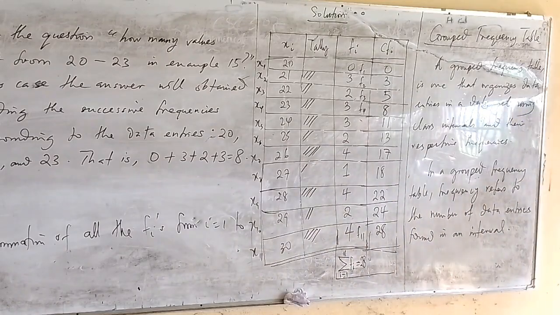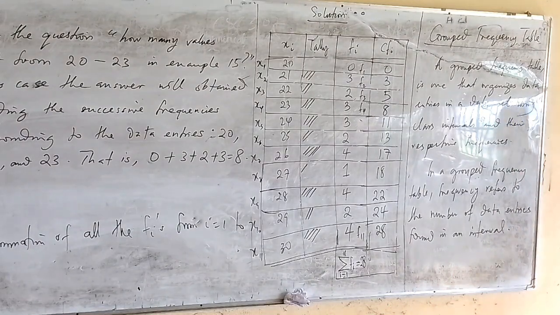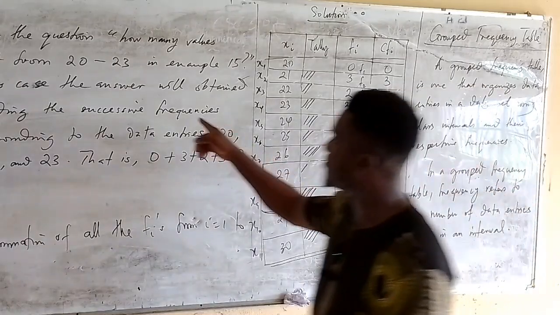So if you see frequency, it does not mean anymore, as in an ungrouped frequency table, that one data entry repeats itself 5 times. No, it means that if the frequency is 5, there are 5 values in that particular interval. Is it clear, everybody? So that is what it will mean. Please, can I wipe this off?